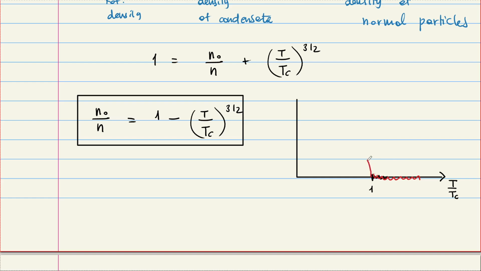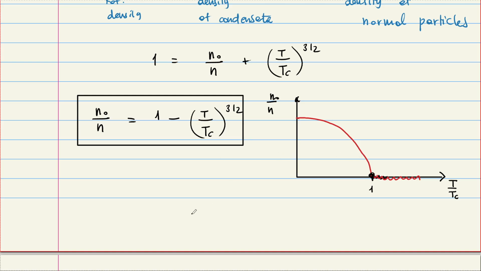Below it, it is going to increase, and at T equal to 0, all particles are in the condensate. So this is n0 over n. And you can see here there is an object which is 0 above the critical point and non-zero below it. In the vicinity of this critical point, this parameter is infinitesimal, because it is continuously increasing.